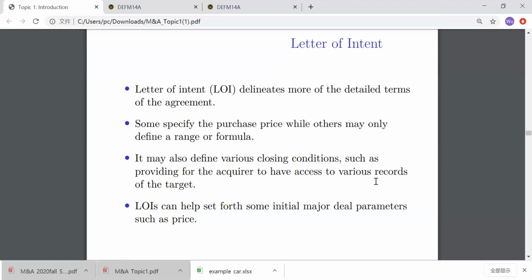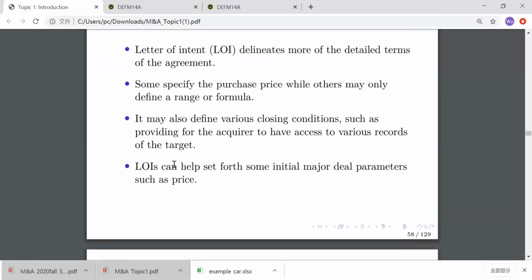So that's a rough range of the purchase price. It might also define various closing conditions, such as providing for the acquirer to have access to various records of the target, that is conditional on the acquirer having more information about the target. And this letter of intent can also set forth the initial major deal parameters, such as prices.